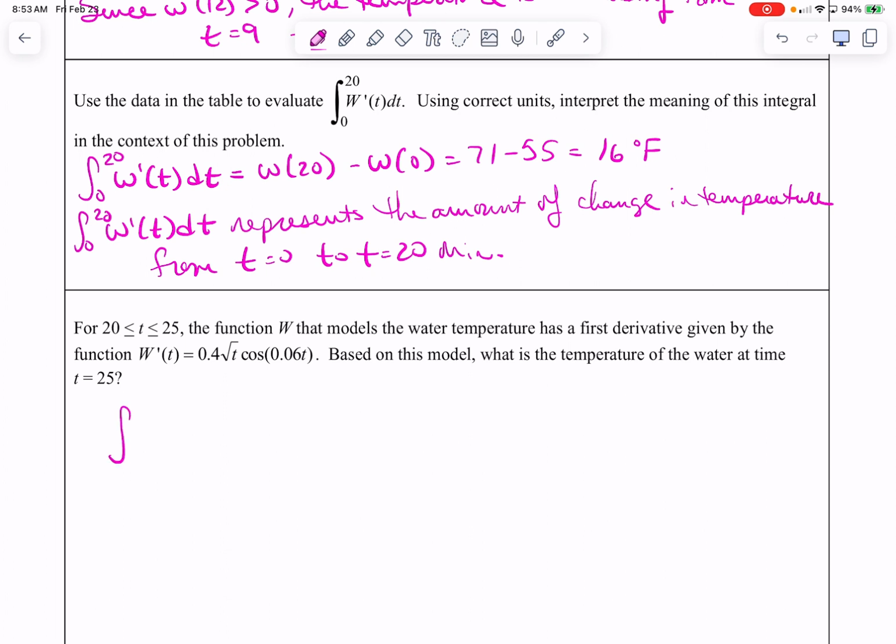So I would set this up as the integral from 20 to 25 of this function equals W of 25 minus W of 20, right?